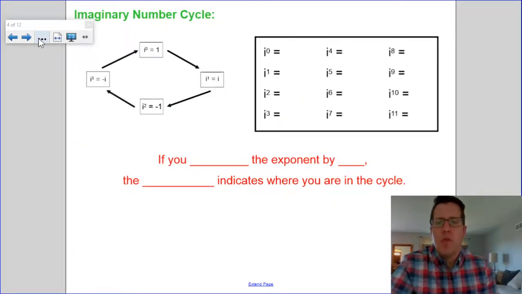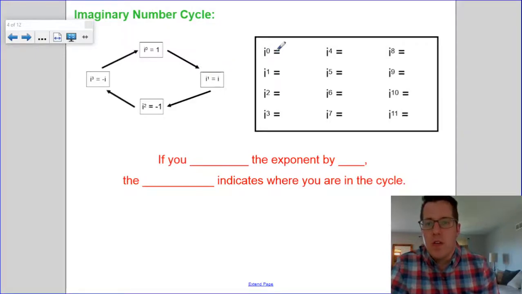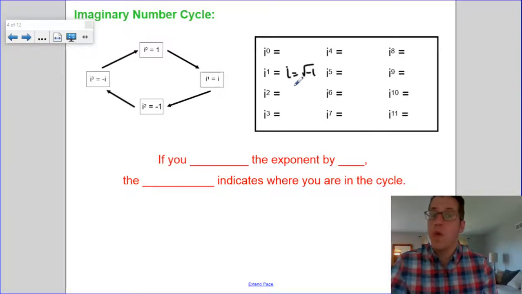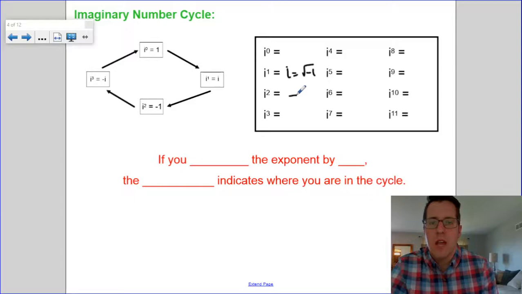Now, you may remember the imaginary number cycle from Algebra 2, where you learn that by definition, i to the first power is i, or the square root of -1, and i squared removes the square root, so it is -1.